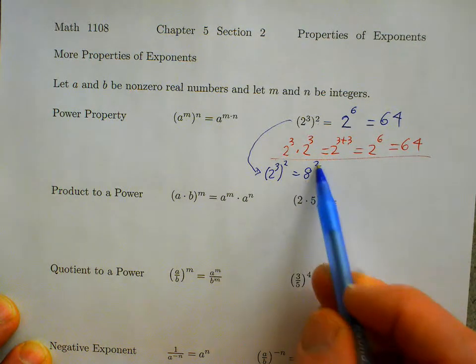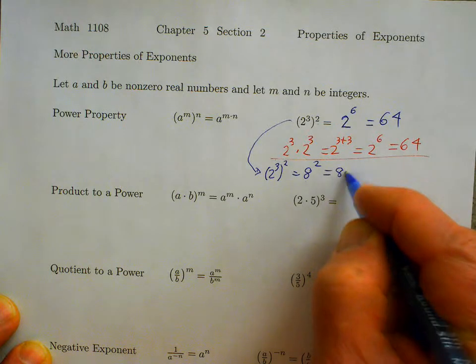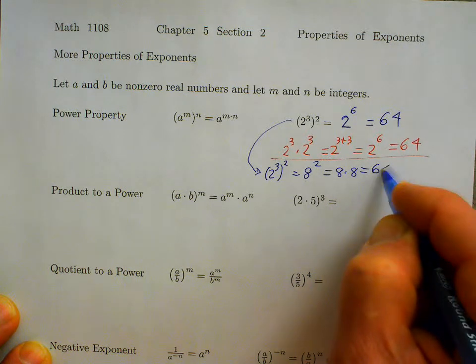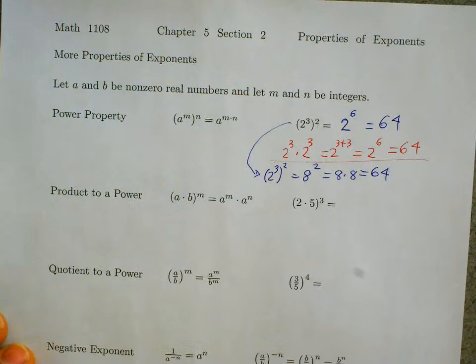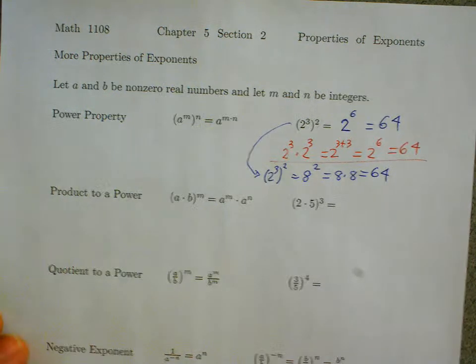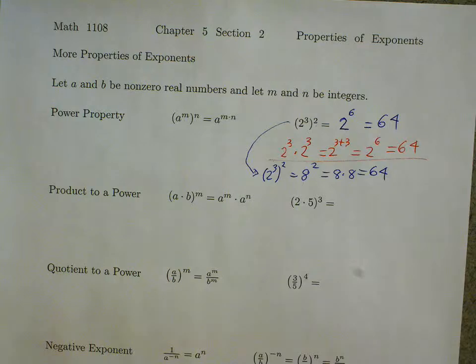And then 8 to the second is 8 times 8. And we get 64 that way also. Okay, so this is just to show you that generally there's not just one way to go about simplifying something with exponents.